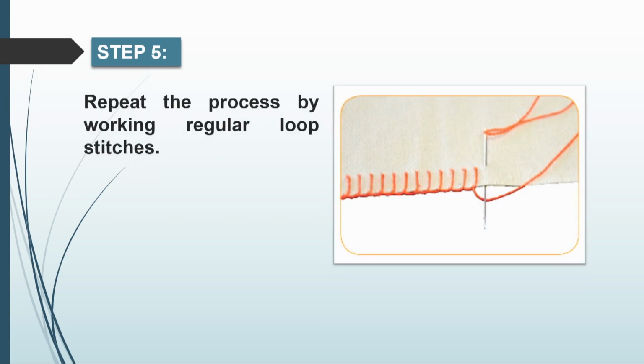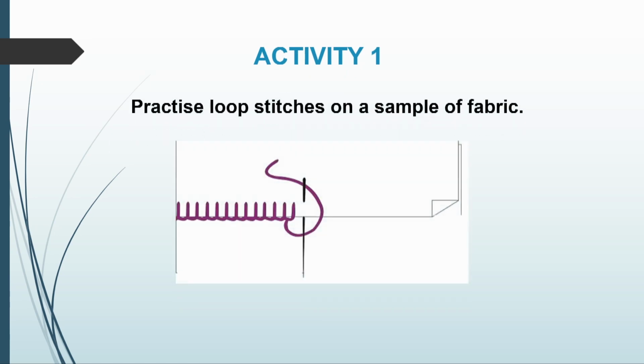Repeat the process by working regular loop stitches and finish with a double back stitch. How about we practice loop stitches on a sample of fabric? You can watch the video again and follow the step-by-step process to work the loop stitches on your sample.